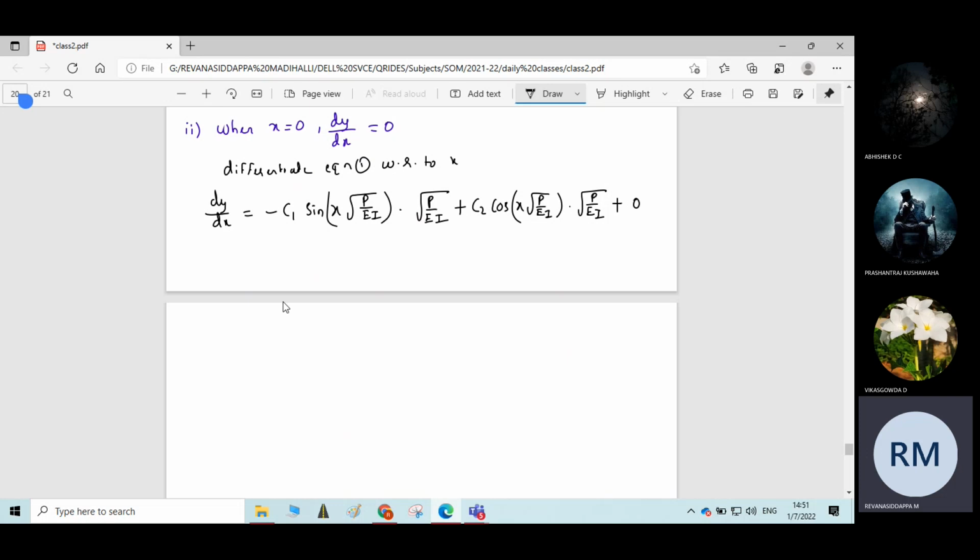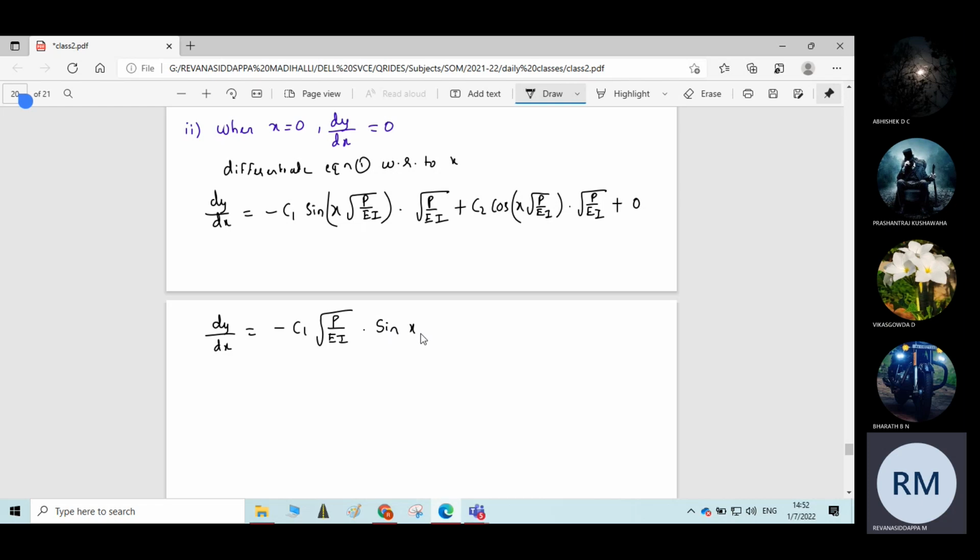So we can rewrite this equation. Therefore, dy by dx is equal to, taking the constants on one side, minus c1 root P by EI into sin x root P by EI plus c2 root P by EI into cos x root P by EI.